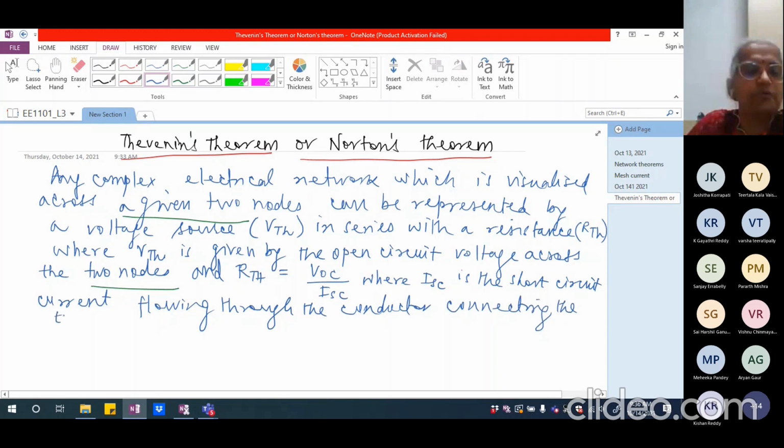I'm talking about the same two nodes. So this is generally known as Thevenin's theorem.